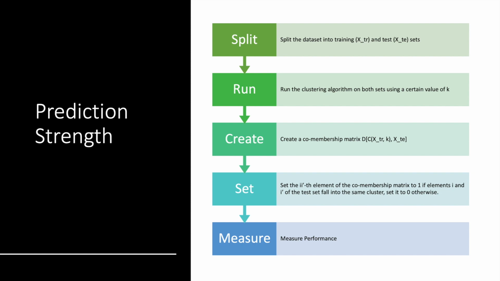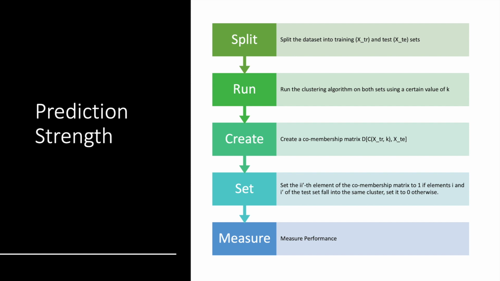The co-membership matrix is defined using C of X, T, R, and k, where C is the clustering algorithm, let's say k-means, fitted to the training dataset. We set the i, i prime element of the co-membership matrix to 1 if elements i and i prime of the test set fall into the same cluster, and we set it to 0 otherwise.